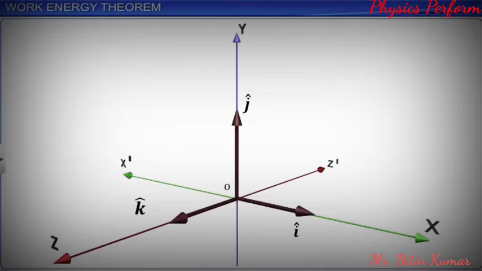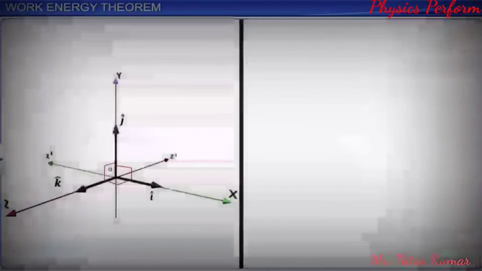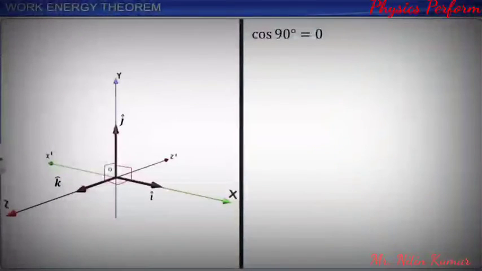The angle between any two mutually perpendicular directions, that is, between I and J, or J and K, or K and I, is 90 degrees. And cos 90 degrees is 0.